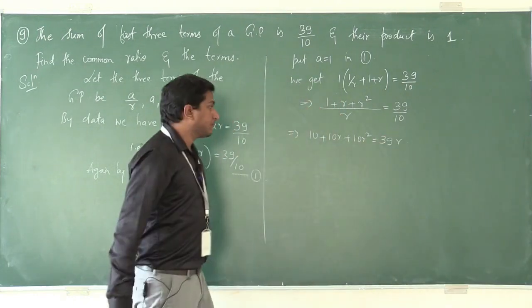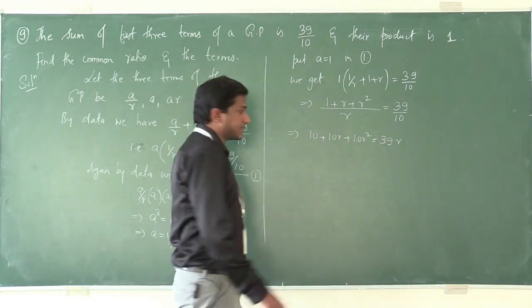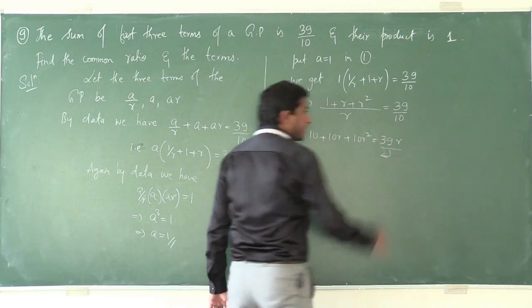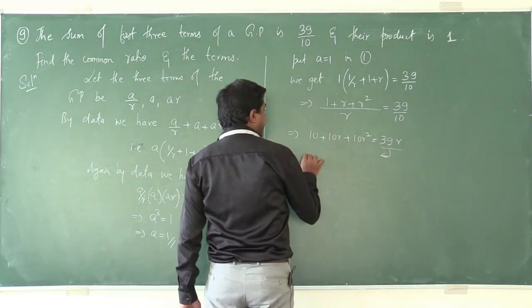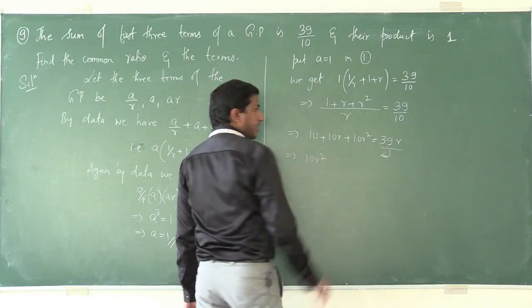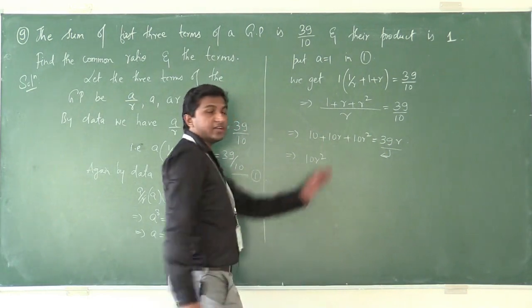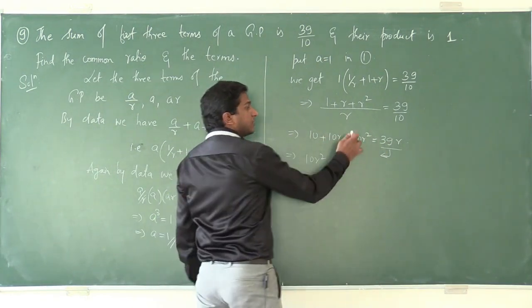39R. Now we will take 39R on the LHS. First I'll write the R square term, that is 10R square. 39R when it comes on the LHS becomes minus 39R.